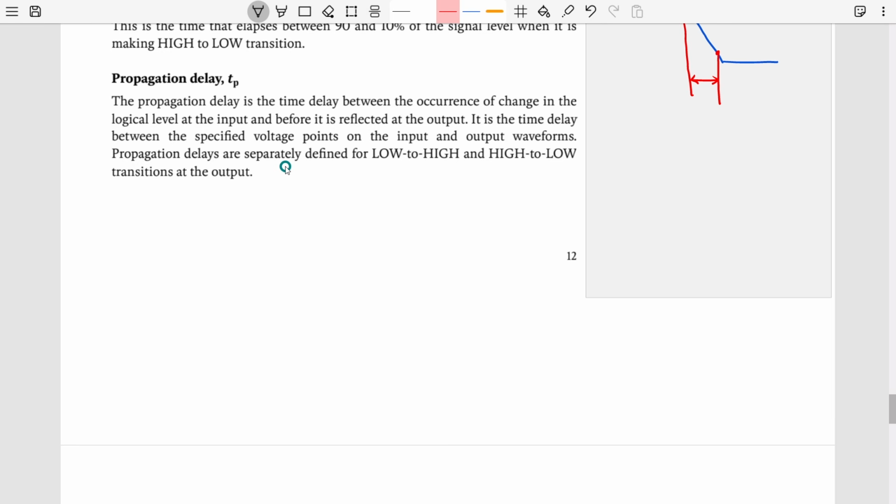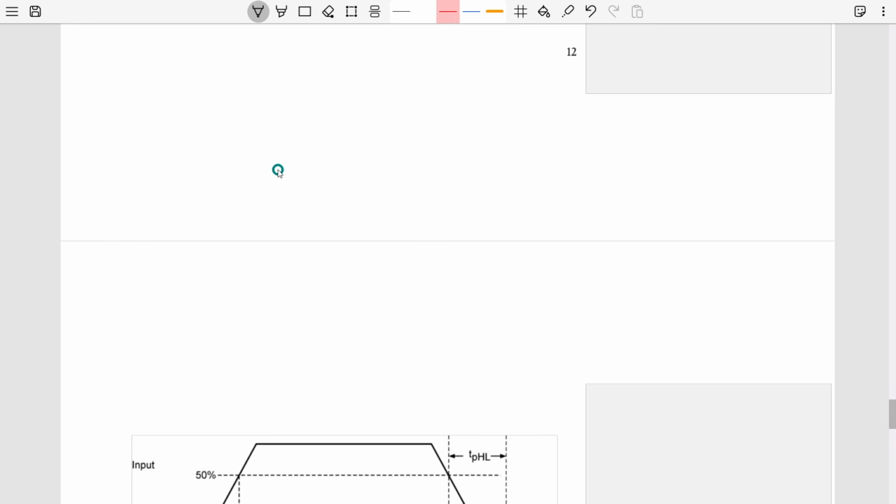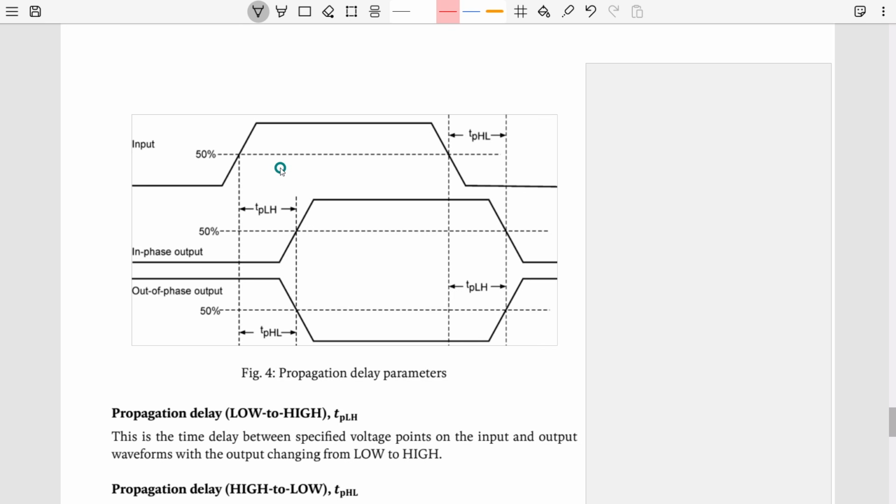Then propagation delay. So what is propagation delay? Maybe using this particular figure it will be easier to understand. So propagation delay, in simpler terms, is this: if I talk about a simple gate like this one, whenever you provide a signal 1 or 0, something like that, to actually reflect that input to the output, it may take some time.